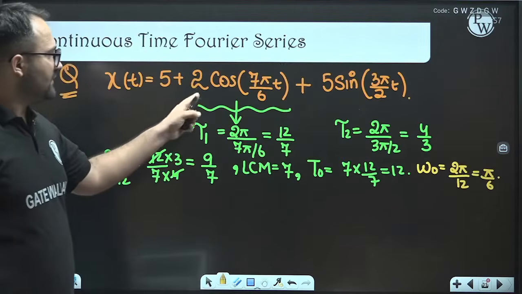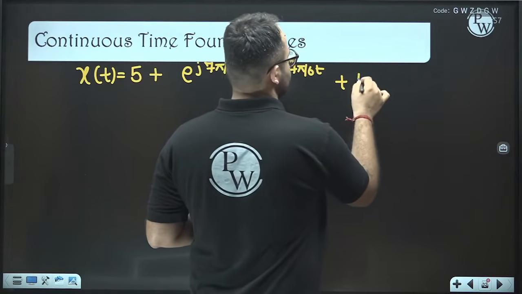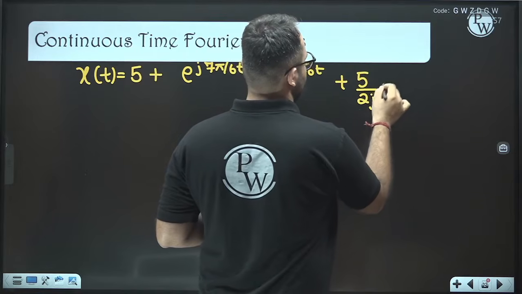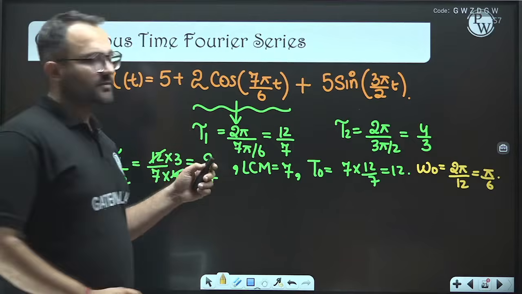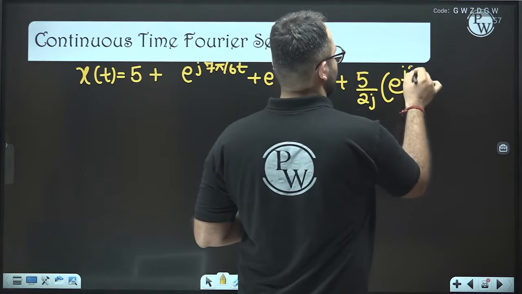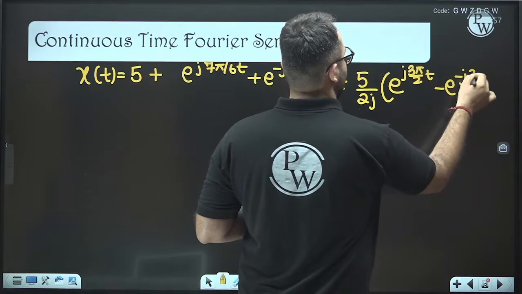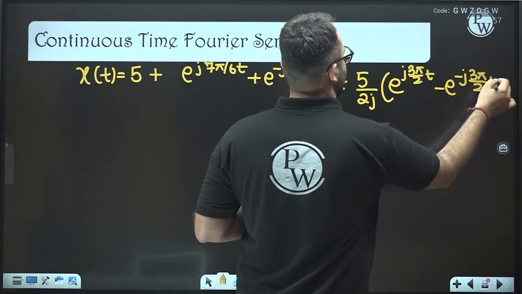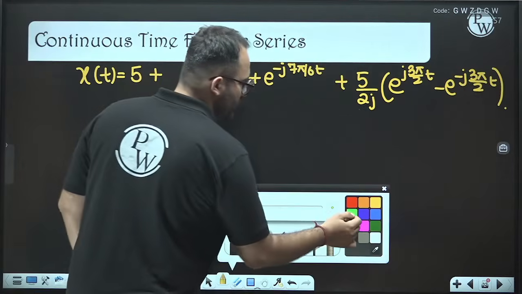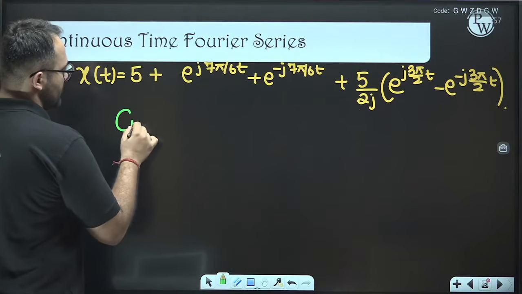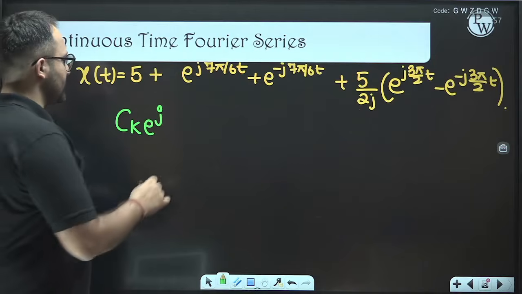Okay, this 2 will cancel out, and then this term 5 upon 2j, exponential e to power 5 by 2. Okay, now we have to compare each term with c_k e to power j k omega naught. We know the omega naught. What is omega naught? Omega naught is pi by 6.